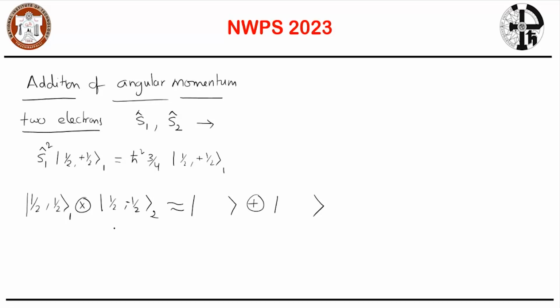The new state can be written as a new state. So what are these new states? They are given by the rules of addition of angular momentum. If I add spin half and spin half, what is the answer? What are the possible values I get in addition of angular momentum?